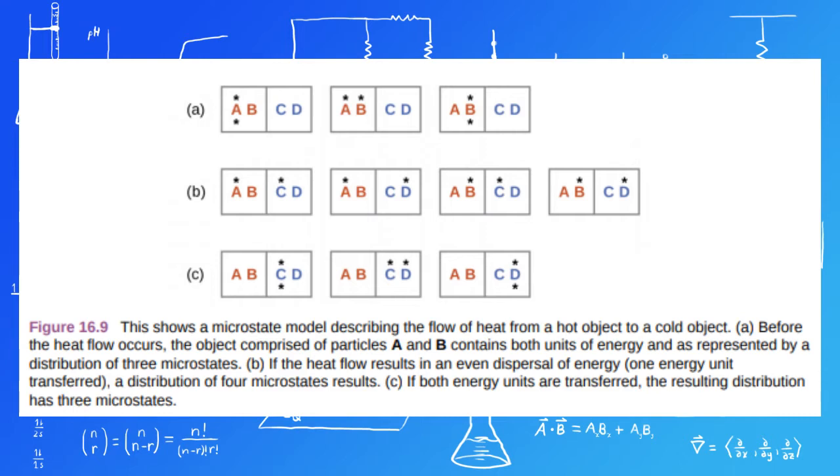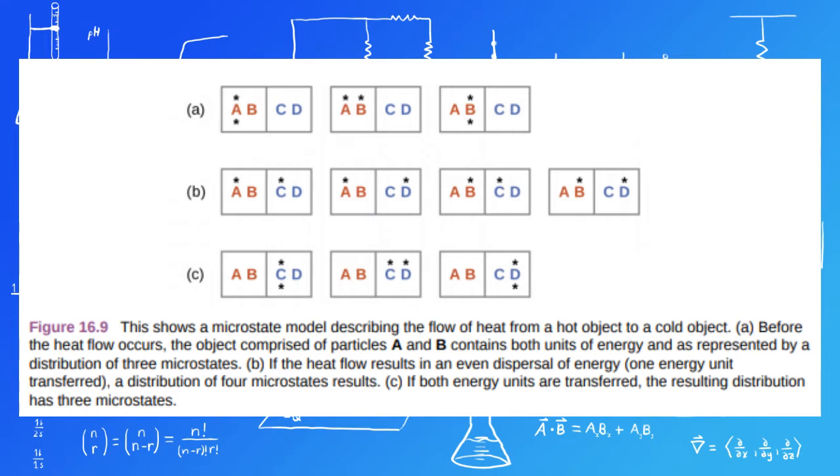So in set A, all of the energy lies in the left-hand box of each configuration. You've got both units of energy on A, both units of energy distributed between A and B, and then both on B. Then for set B, you've got one unit in each box, one in the red box and one in the blue box.